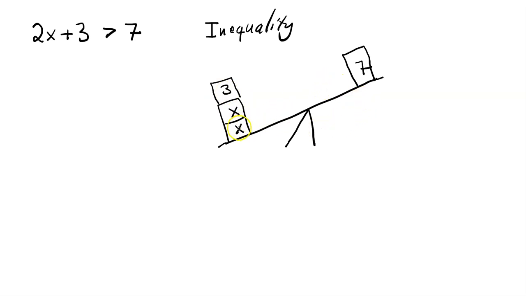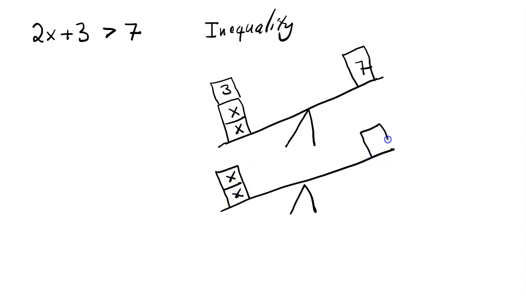If we now remove things from this side and at the same time remove things from the other side, then this situation still holds. So if this side is heavier than that, and we remove, for example, 3 from both sides, then this side is still heavier than that side. So let's remove 3 from both sides. Then we have 4 left here.